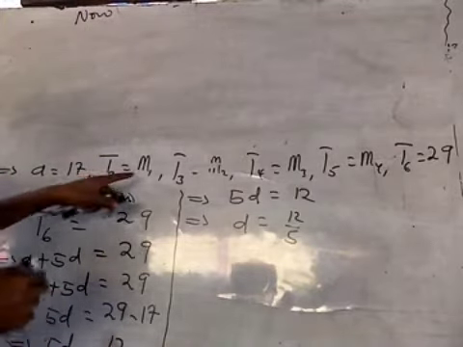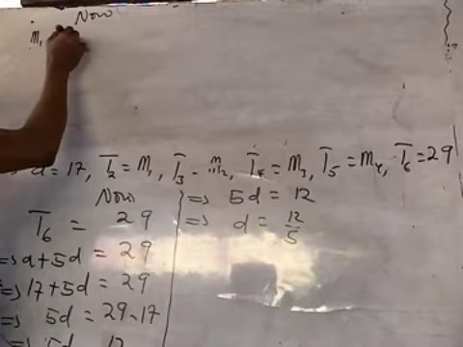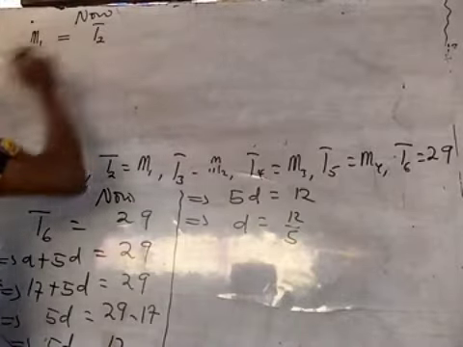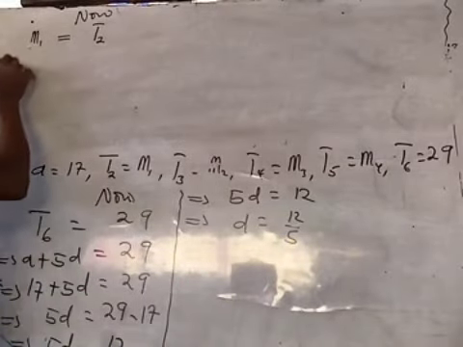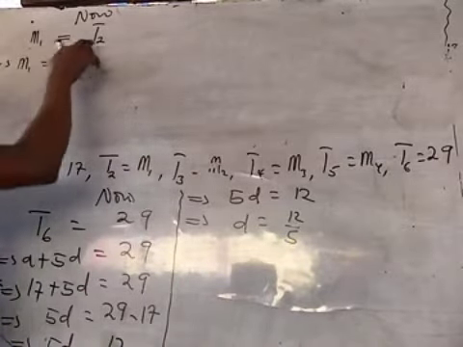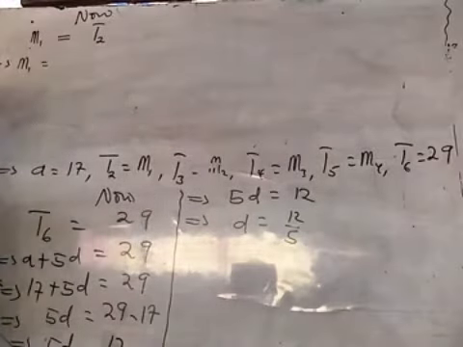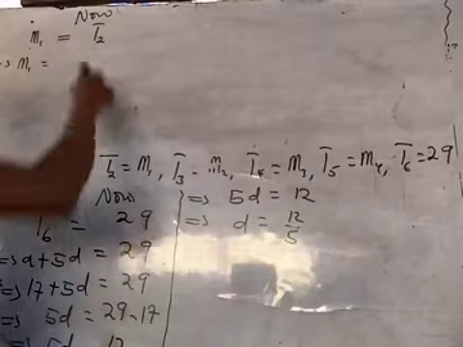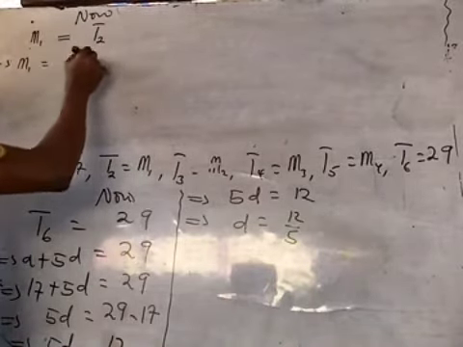The arithmetic mean M1 is equal to the second term of the sequence we have formed, which is in arithmetic progression. The second term of any sequence in arithmetic progression is normally given by the expression a plus d.